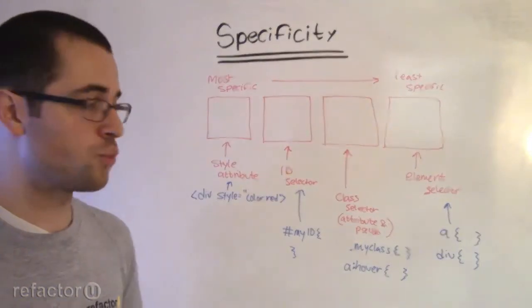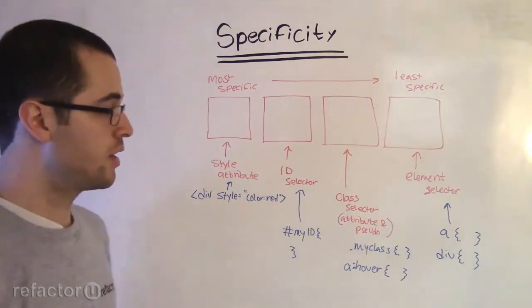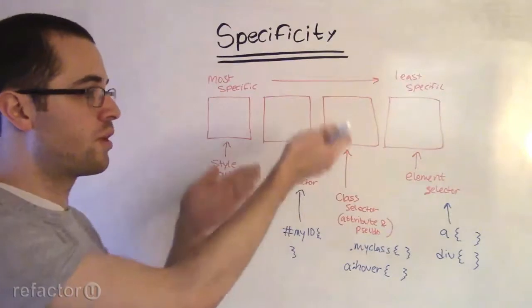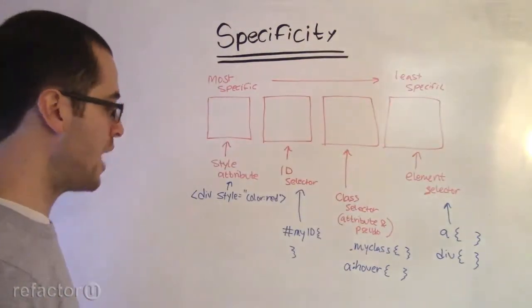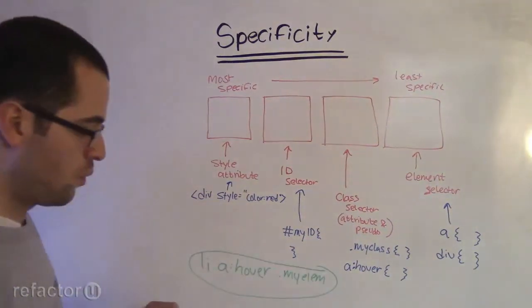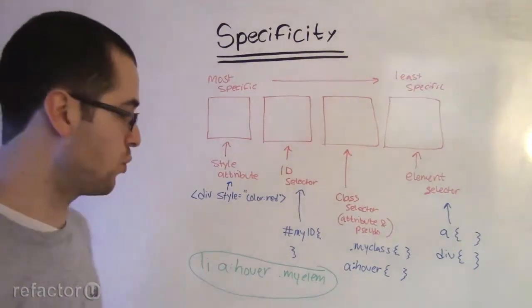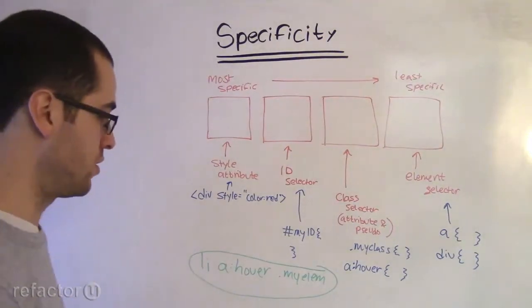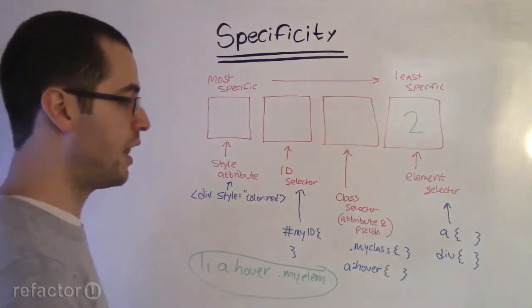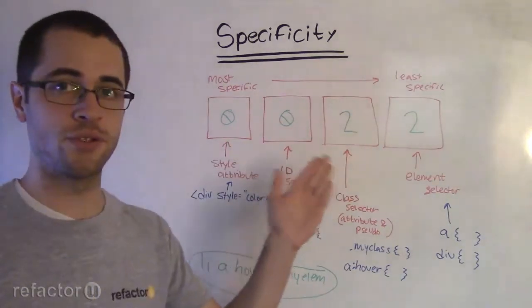The way that these rules work is for every occurrence of a specific selector in a single rule definition will increase one of these values. So if we have a selector that looks something like, we can go through and actually calculate the specificity of this rule. We've got two element selectors. We've got a pseudo selector and a class selector. So the specificity of this is 0022.